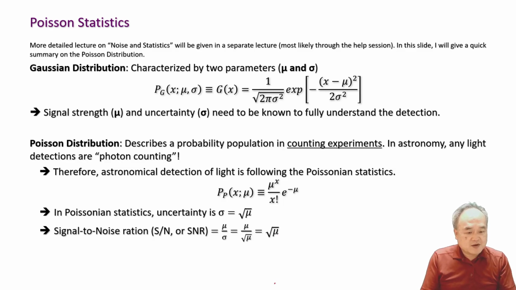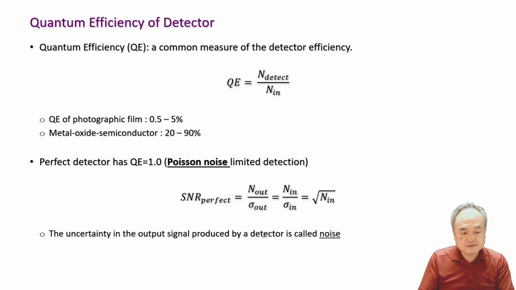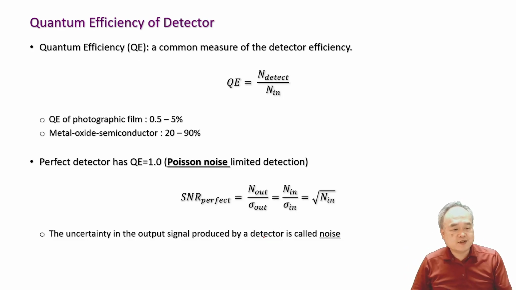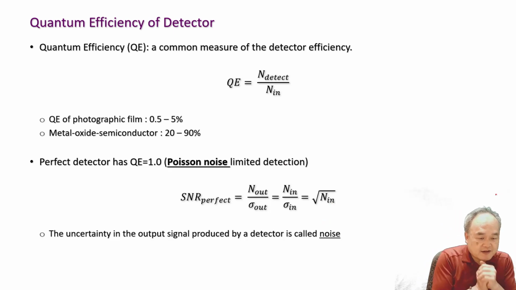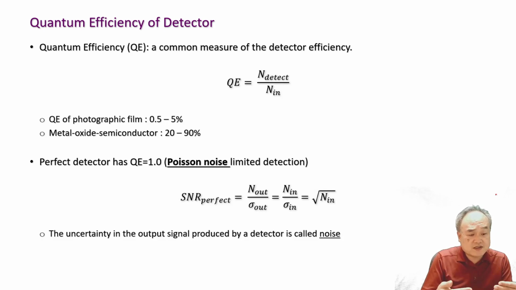So remember this important concept: the signal to noise ratio of the Poissonian distribution is the square root of the average value. Then let's go back to the previous one. Even for a perfect detector with a quantum efficiency of 1, this counting error still exists because it is an intrinsic counting noise, counting error.